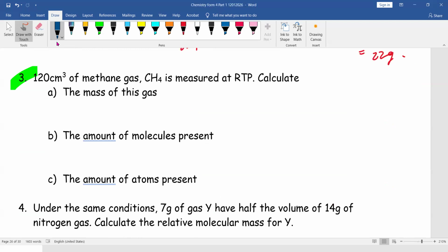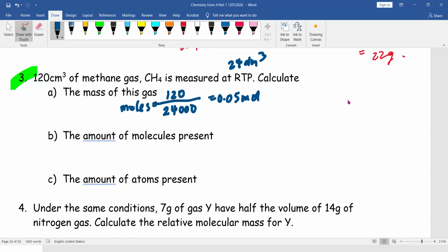Now, 120 centimeter cube of methane gas is measured at RTP. RTP is 24 decimeter cube. The mass of this gas, so 120 over 24000. This is moles. How much is this? 0.05 mole, right?